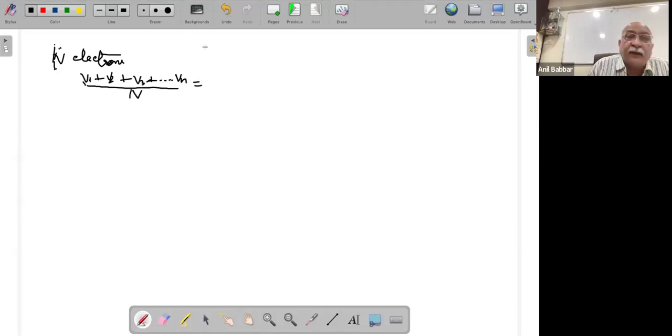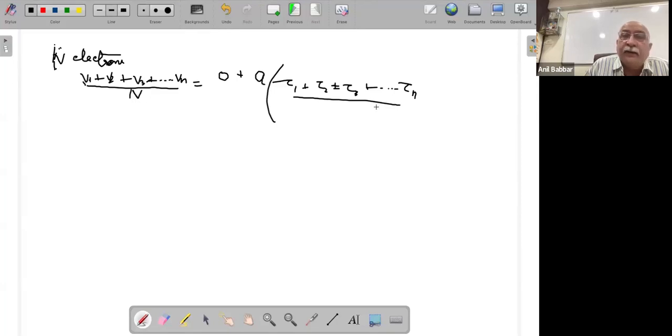This is equal to the average velocity. Because the initial velocity of all the electrons is zero, we get 0 plus A into the average relaxation time, that is tau 1 plus tau 2 plus tau 3 plus tau n, whole divided by n.